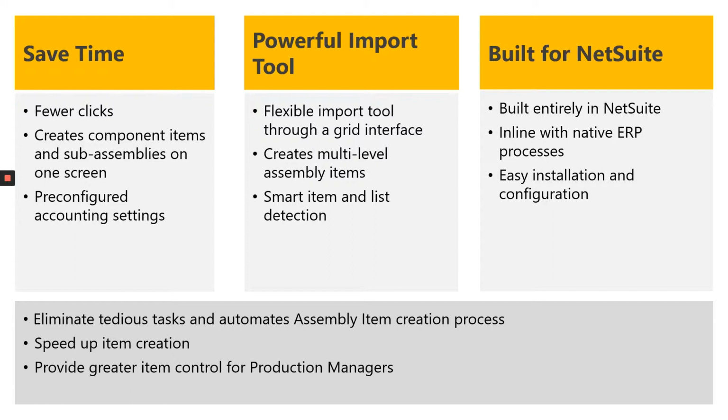Got it. You mentioned sub-assemblies. Can you give us an example? Absolutely. The example I'll show you in one of the next slides is a bike. So we're creating a bike. On a bike, we may have, let's say, a basket, and a basket may have a couple of components.